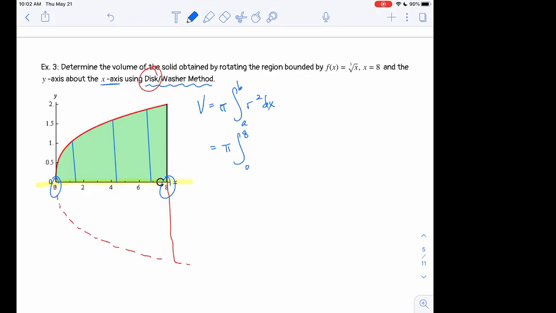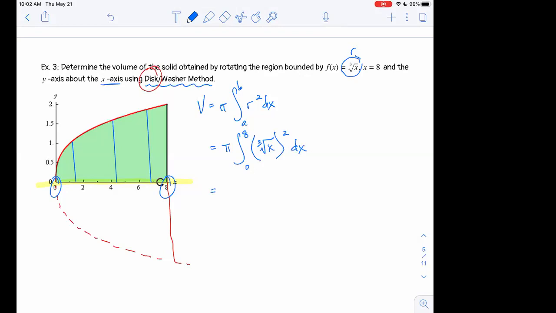What function defines our radius? The cube root of x squared. Yeah, the cube root of x, that is our radius. And we don't even need to rewrite it because it's already in terms of x, okay? So we've got the cube root of x, and then we're going to square it because it's little r squared. Good.